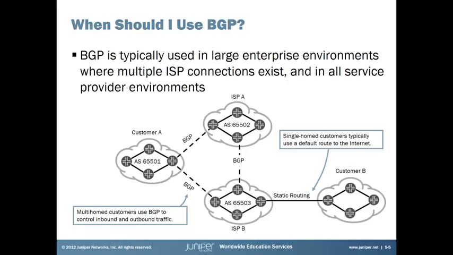It's when you need to own your own IP addresses and you need a greater level of control over how that traffic goes between those different ISPs. Okay, so multi-homed customers use BGP to control inbound and outbound traffic is kind of the point that we're making here.